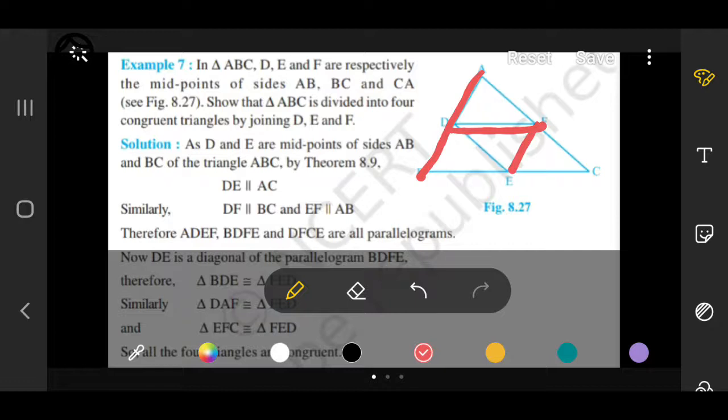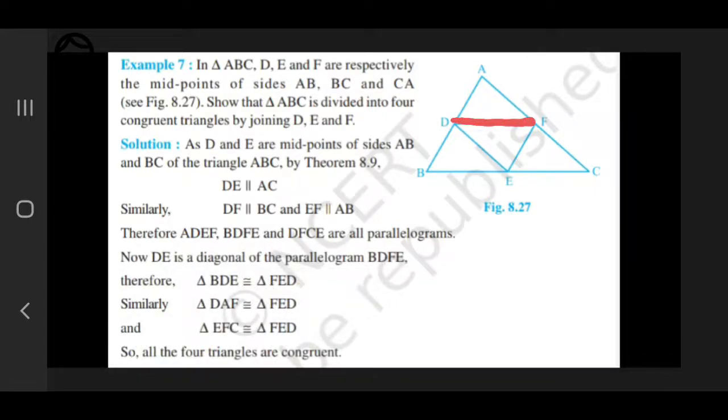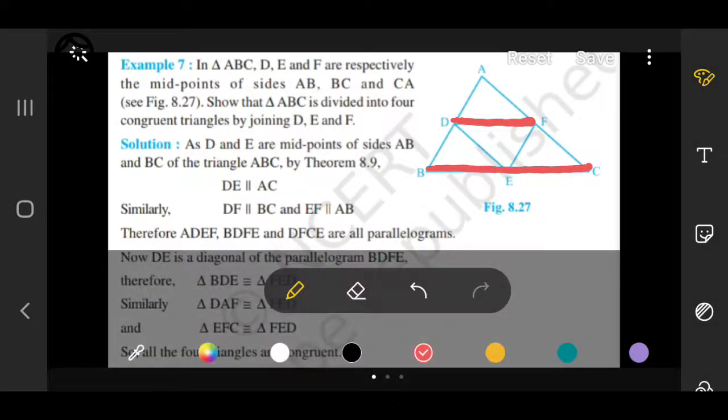That one is already proved. Consider the side DF. DF is parallel to BC and DF equal to EB, and DF equal to EC also.